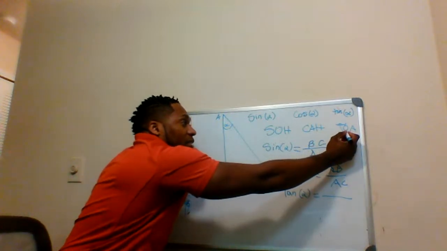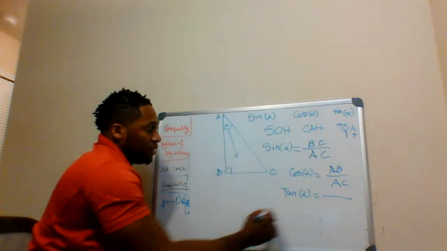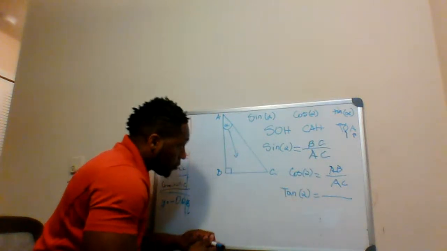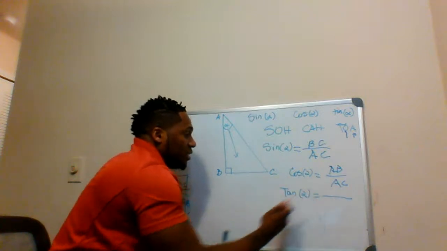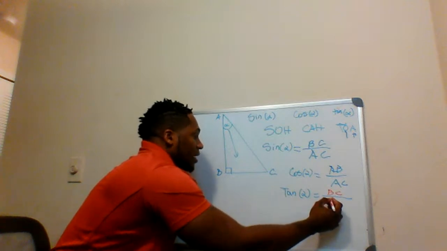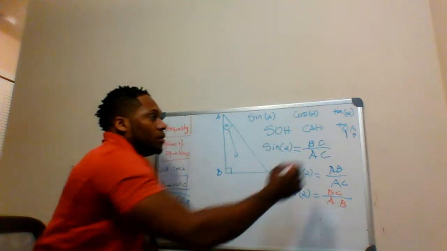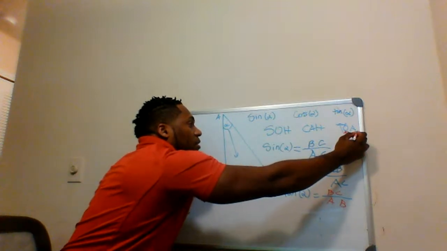So like SOH CAH TOA says, it's the opposite over adjacent. What's the opposite side of the angle alpha? Is this opposite over adjacent. So opposite side is BC divided by the adjacent side AB. So yeah, opposite over adjacent.